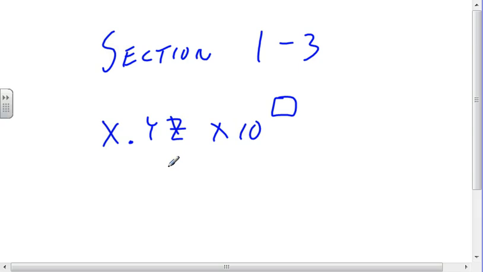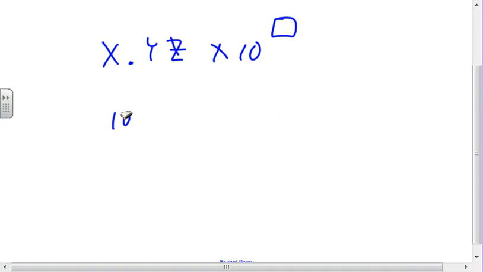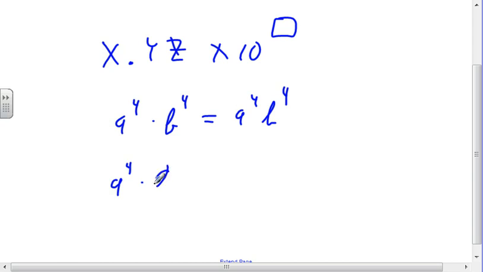And if I have powers, I have some rules. A to the 4th times b to the 4th is equal to a to the 4th times b to the 4th. Those are two different things; I can't do anything with them. But if I have a to the 4th times a squared, I can add exponents and have a to the 6th.